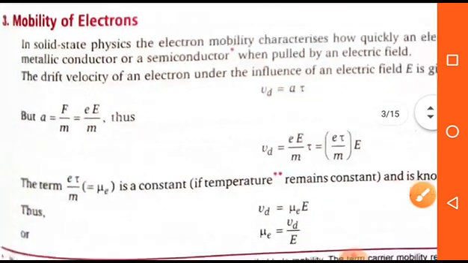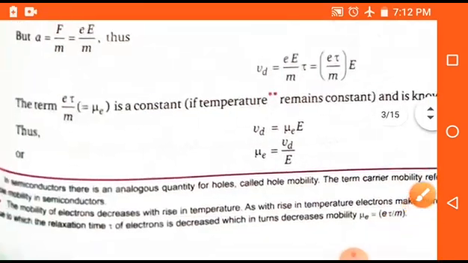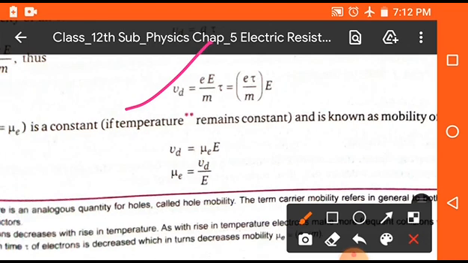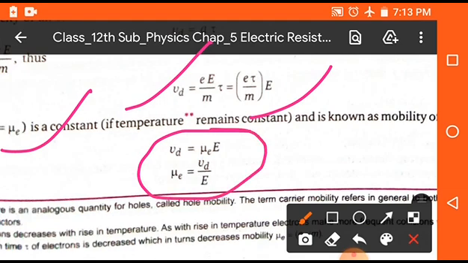On putting this value, we get Vd is equal to e tau upon small m into capital E. Here e tau upon small m is a quantity known as mu e, and this quantity is called the mobility of electrons at a constant temperature. So we get the relation Vd is equal to mu e into capital E, so mu e is equal to Vd upon capital E. It is a relation between the mobility of free electrons and the drift velocity of free electrons.